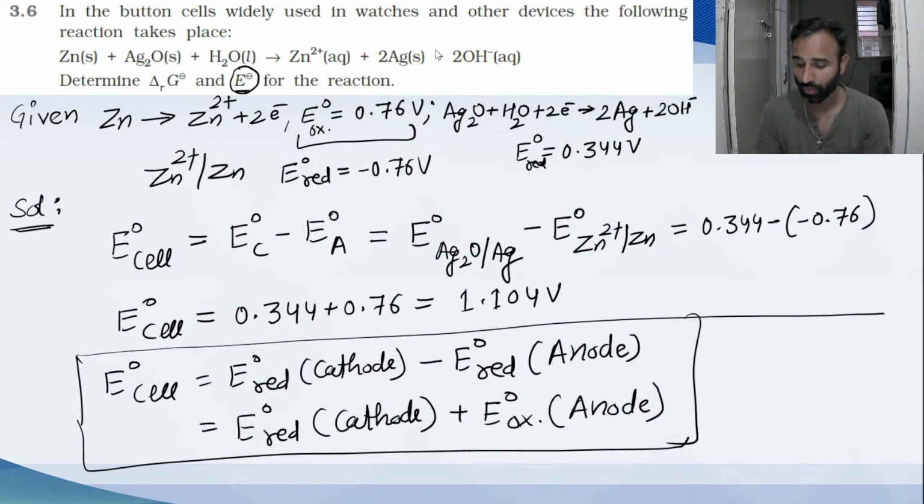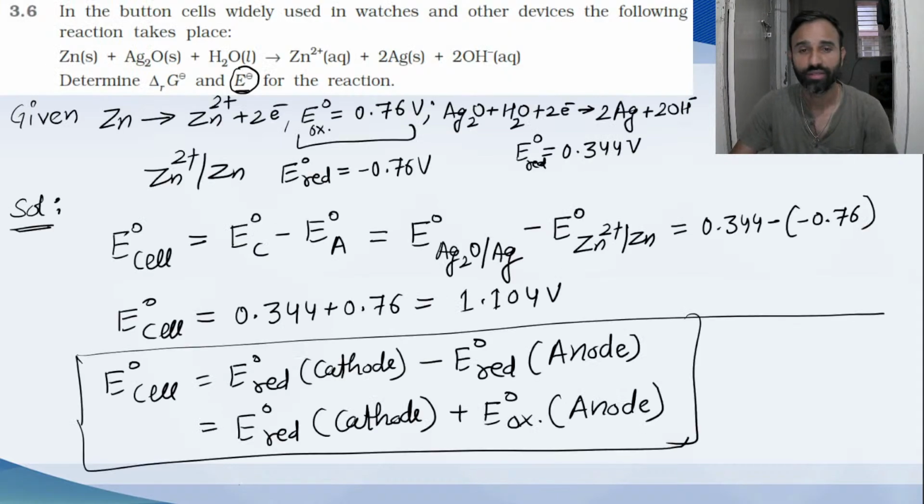Okay, so this is the answer for the E° of the reaction. Now ΔG°. What is ΔG°? Standard Gibbs free energy. Before that, E° cell equals standard reduction potential of cathode minus standard reduction potential of anode.